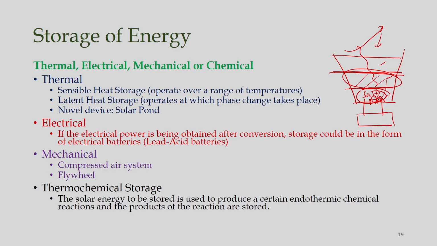And thermochemical storage is also used for storage of solar energy. The solar energy to be stored is used to produce certain endothermic chemical reactions, and the products of the reactions are stored.